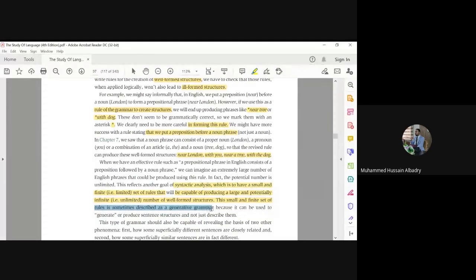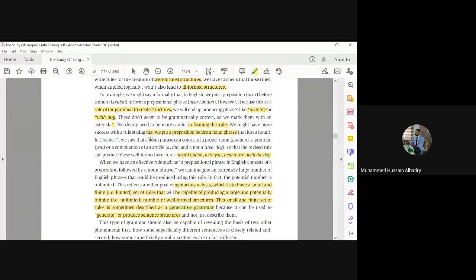This is the definition of generative grammar: a limited number of rules that can create an unlimited number of well-formed or grammatical sentences. From its name, generative means generate, create, produce new sentences, many sentences, an unlimited number of sentences.